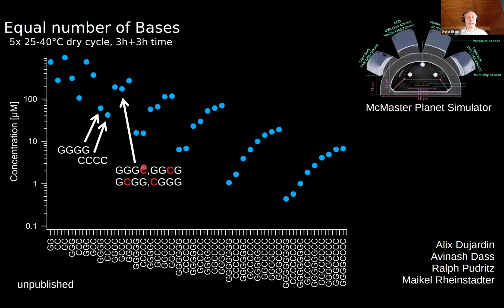Happens, okay? But what we usually see now is that we have a lot more G than C in the sequence space, and that keeps things very difficult. And we have also some indication that proteins help us to balance it out.